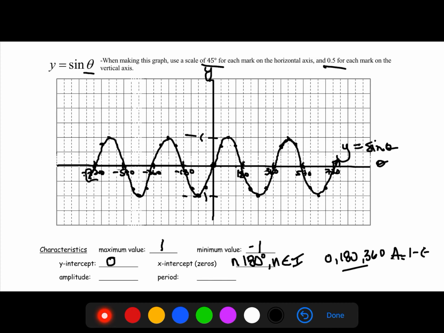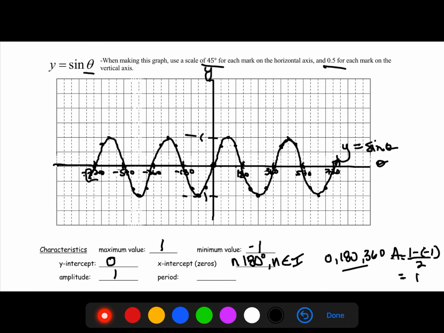Our amplitude, remember our amplitude is our max minus our minimum. So 1 minus -1 divided by 2. So our amplitude is 1. And our amplitude is measured as half the height of our graph. When we take our max, subtract our min, we're finding the height of the whole graph.